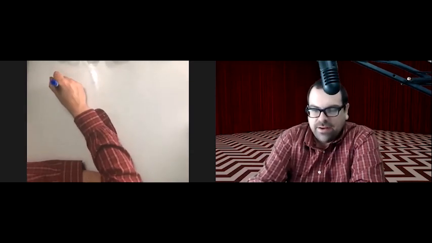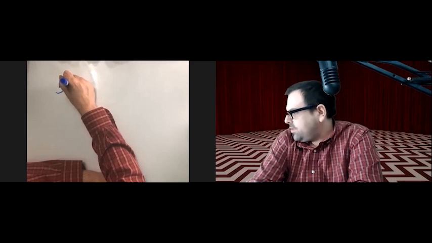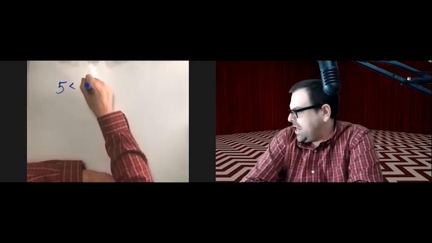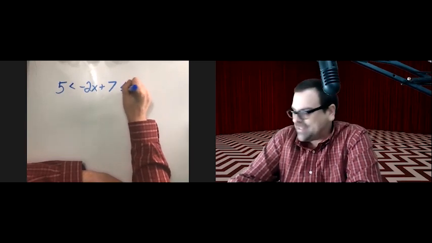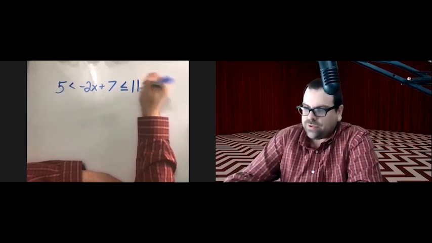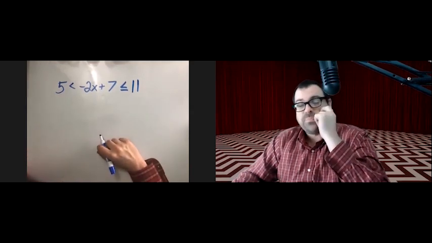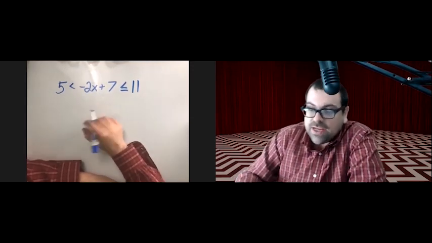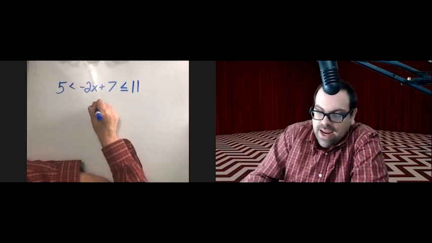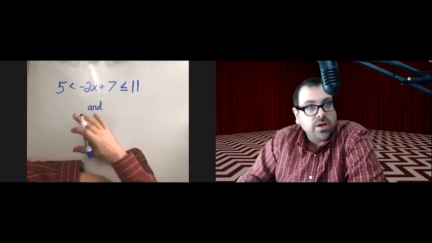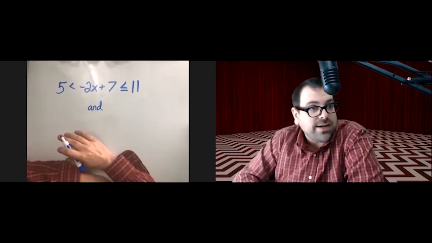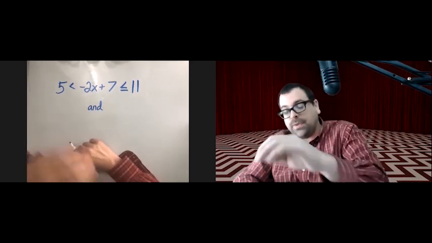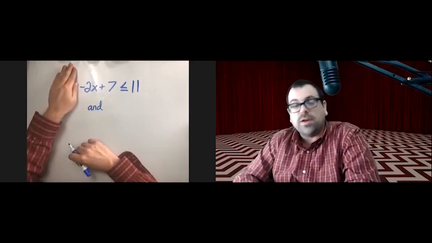Let's say we had 5 is less than negative 2x plus 7 is less than or equal to 11. This actually represents an and statement of these two different inequalities. And if you don't see the two different inequalities right now, this might help. There's the second one.